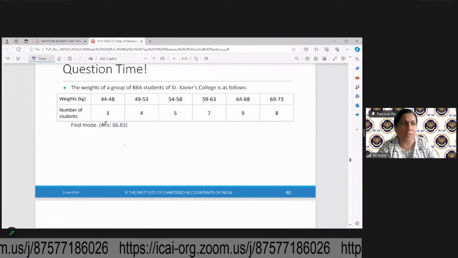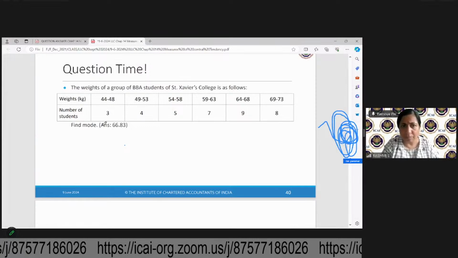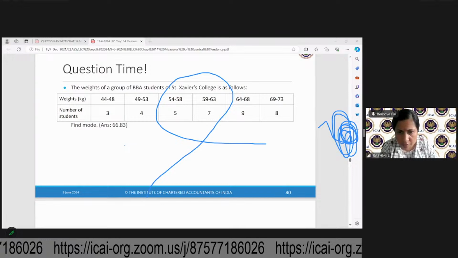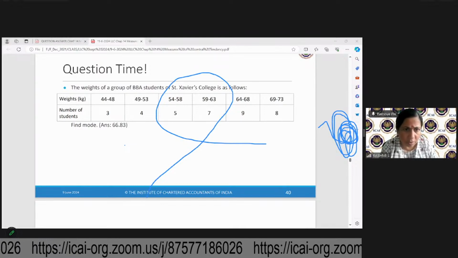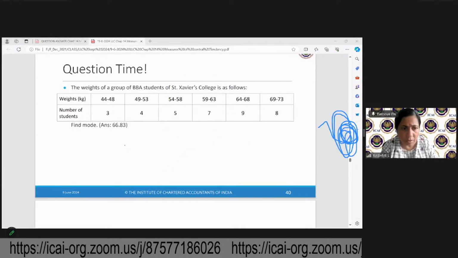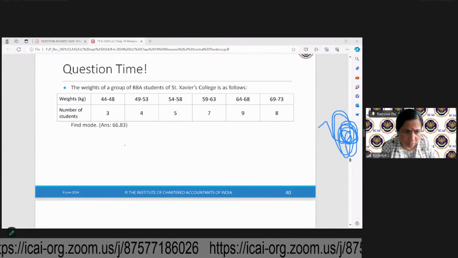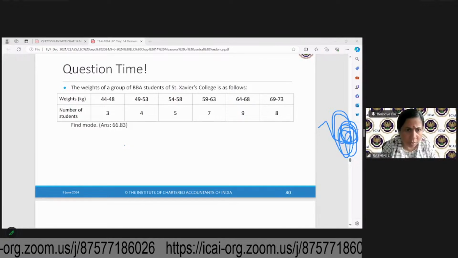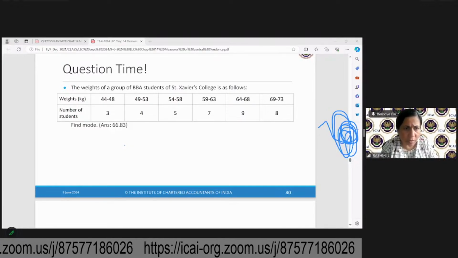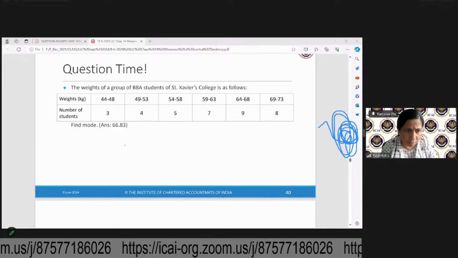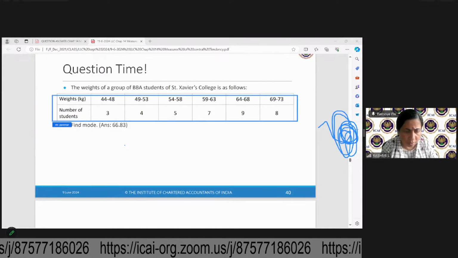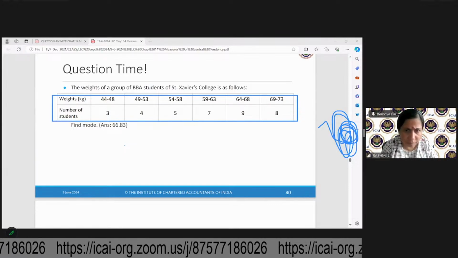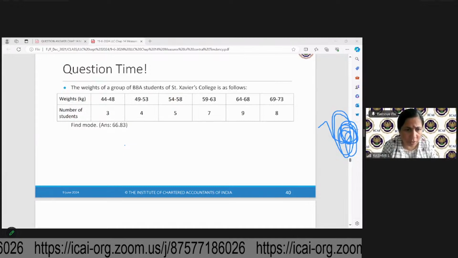Now let us try to solve this. Can you see the board, Excel sheet?